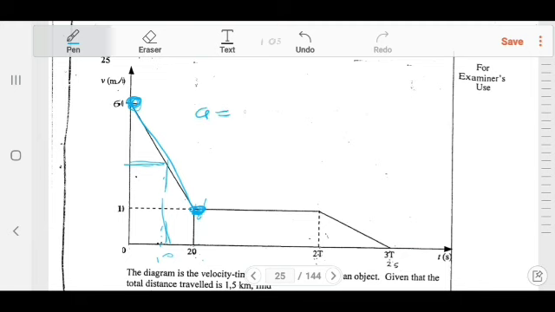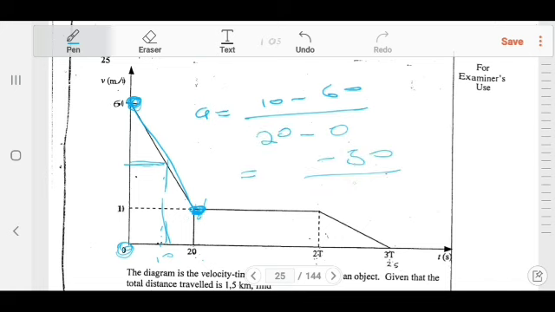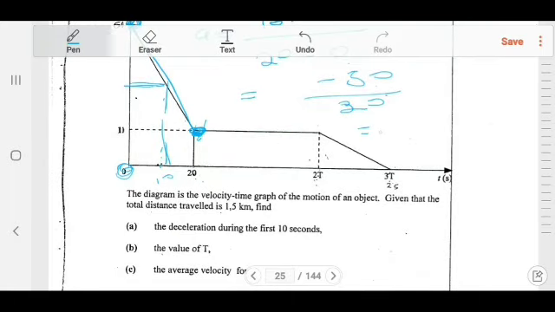So acceleration is equal to what? It's equal to v minus u over t. Our v is this one, which is 10, minus our 60 over here. Our t is what? Here it is 0, then here is 20. So you've got negative 50 over 20, which gives us negative 2.5.